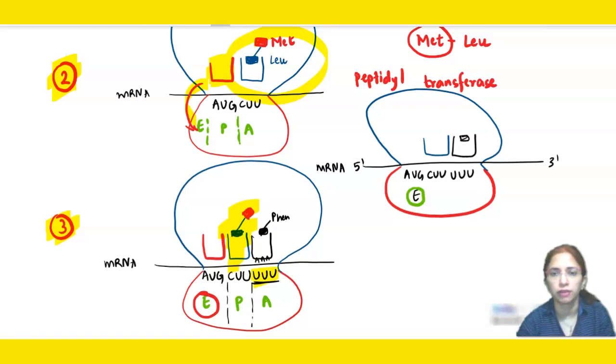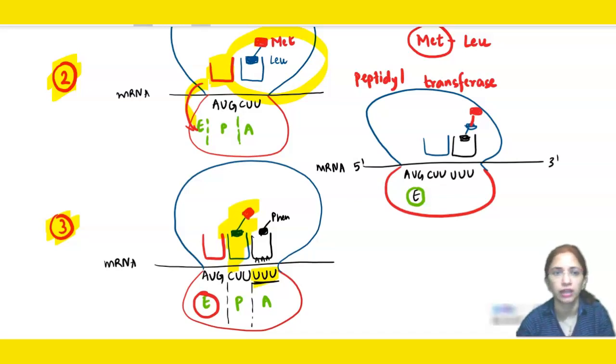This will have a black one, and then a blue one, and then a red one. So you can see that our polypeptide is ready with 3 amino acids, right? So again the same thing will happen.